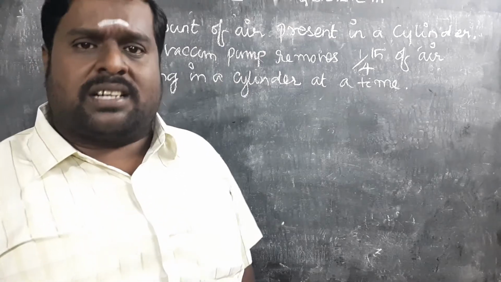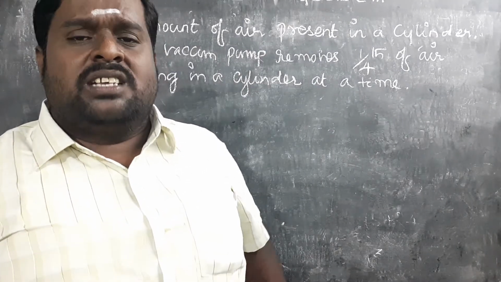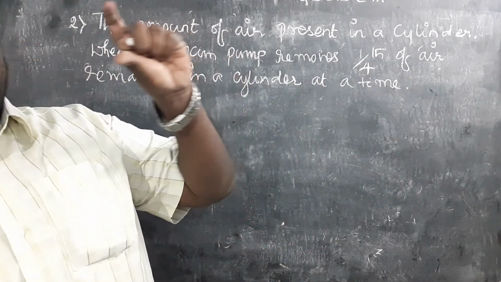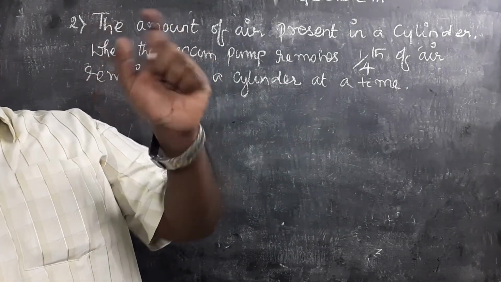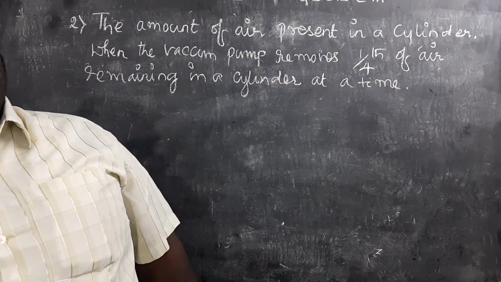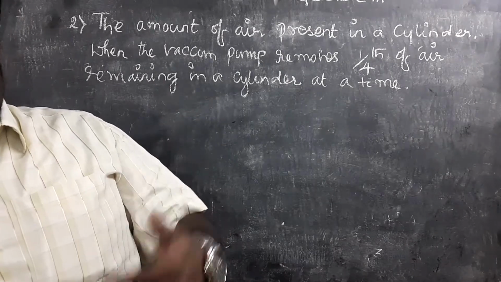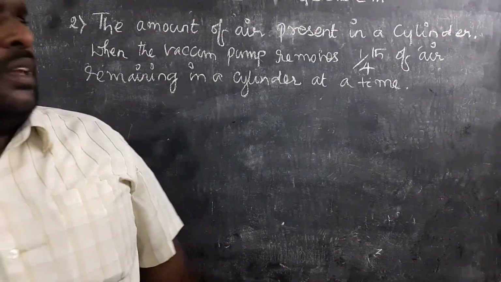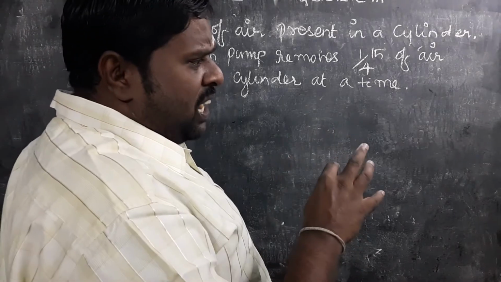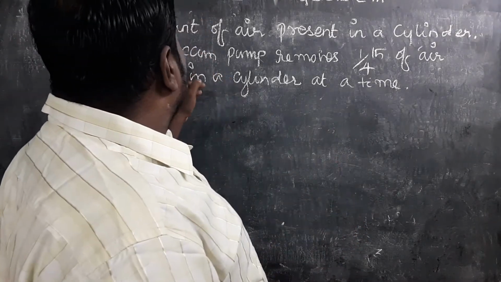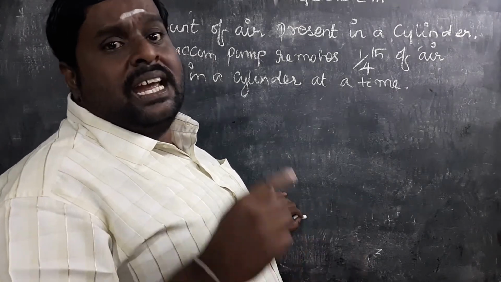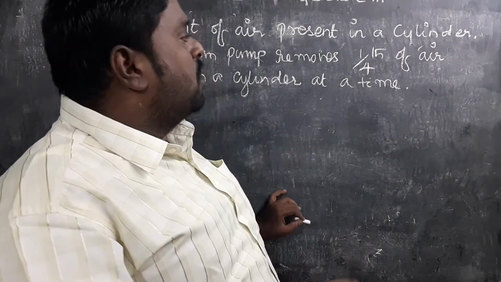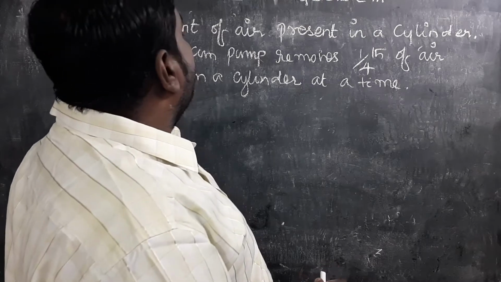You can call it a quarter. 1/4, 1/2, which is double the quarter, we call it half, 3/4, as well as 1. So when you are using a vacuum pump to remove the air, it removes 1/4 of the air remaining in the cylinder.